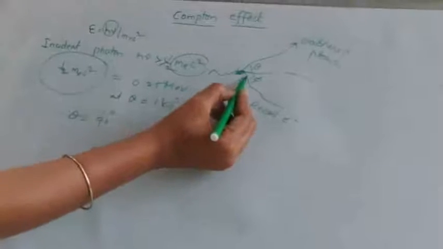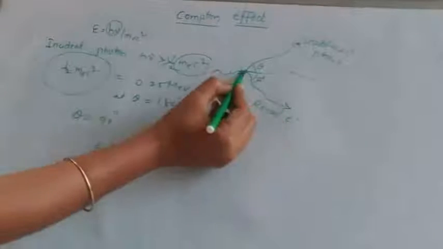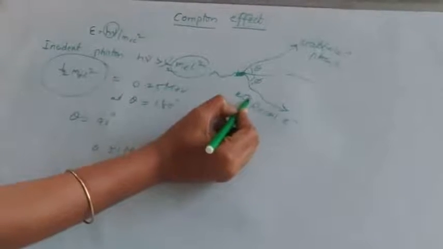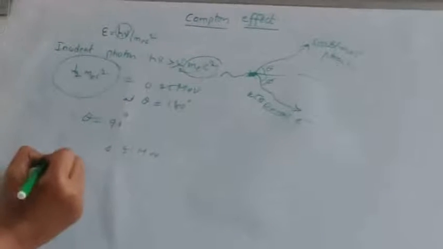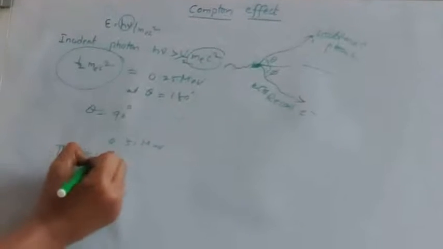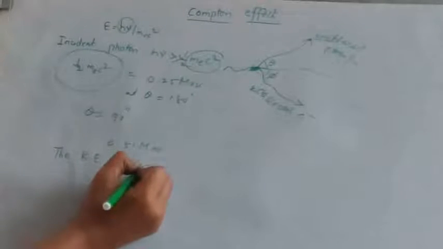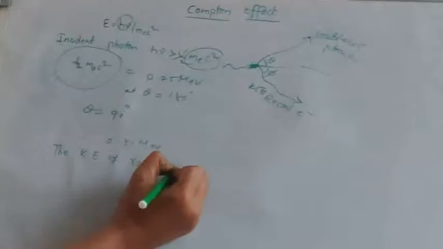Now we are going to consider the kinetic energy of the recoil electron. The recoil electron means after scattering, the electron comes back to its position.